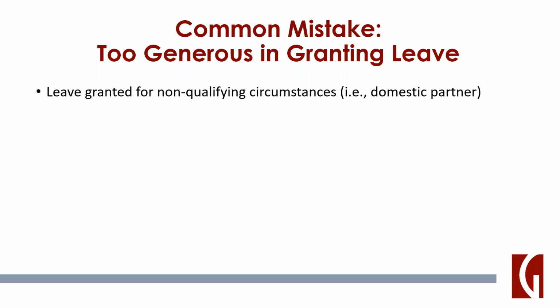Perhaps her domestic partner has a serious health condition, but he's not going to qualify as one of the family members under the FMLA. And so as serious as that condition might be, it's simply not a qualifying circumstance, and she can't take FMLA leave for that period of time.